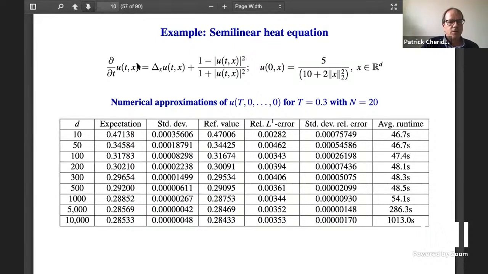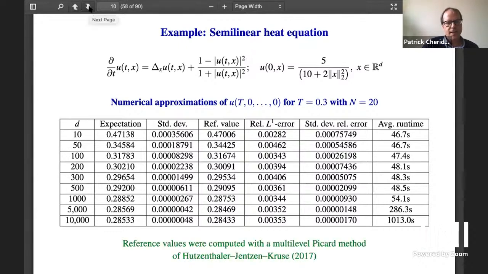Then again, we solve this in very high dimensions, up to 10,000. The average runtime in seconds remains manageable. We also solve this same example with an alternative method, the multilevel Picard method from this paper of Hutzenthaler and co-authors. And the relative error again is small.